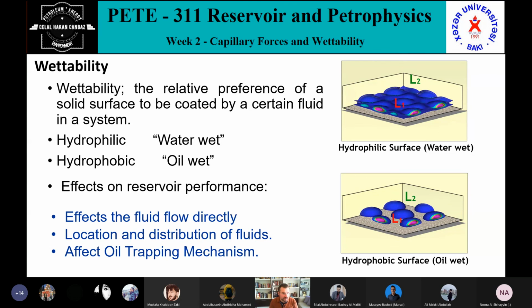Okay, so wettability is described as the tendency of a fluid to spread on a solid surface when this fluid and another immiscible fluid are also in contact with that surface. So there are always two fluids and the solid surface.